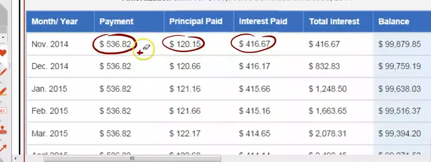So I'm going to add to that first payment the principal for the next month. So I'd be sending in a check for $756, something like that. That's called an extra principal payment.